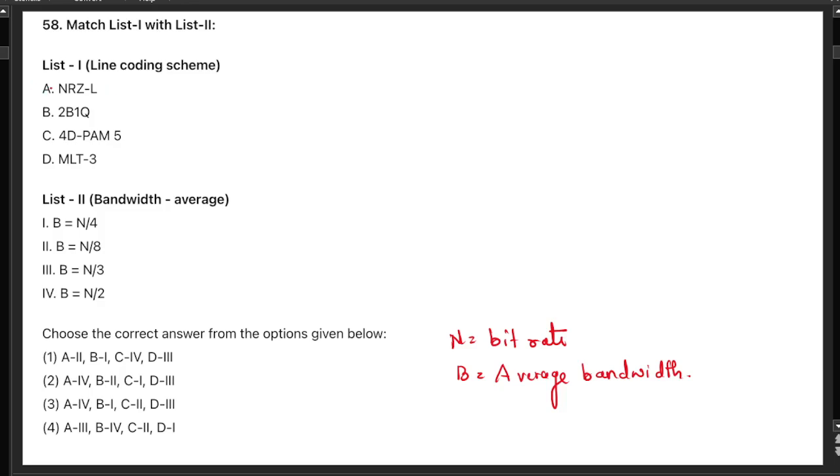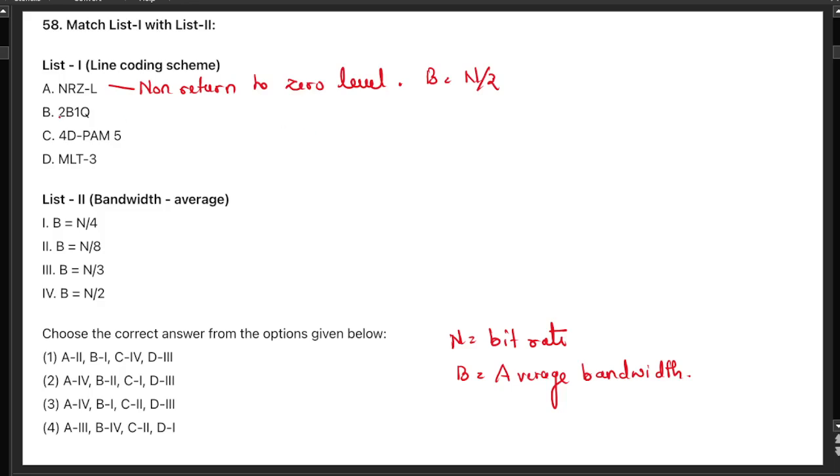Now if we see NRZL, this is non-return to zero level, and this has the bandwidth of B equals N by 2.